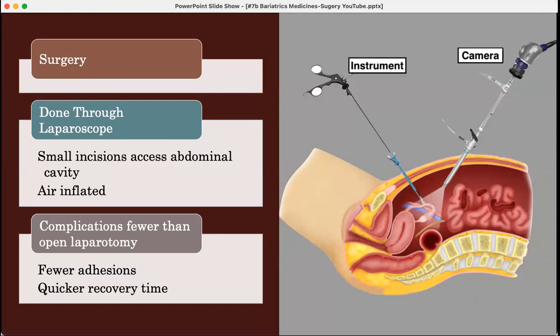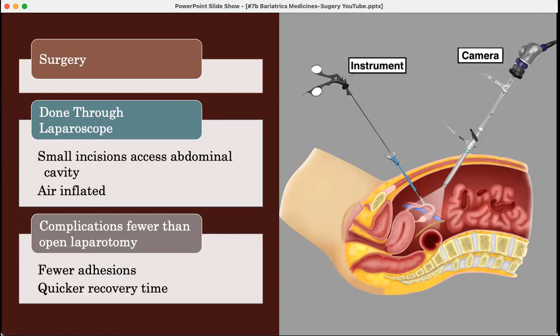This is just a depiction of what a laparoscopy looks like. This surgery, obviously, they're working down here. This is the uterus. They're working down here in the pelvis. But these scopes would just be redirected here if they were working for gastric bypass surgery or surgery in the upper abdomen, like a gallbladder removal.